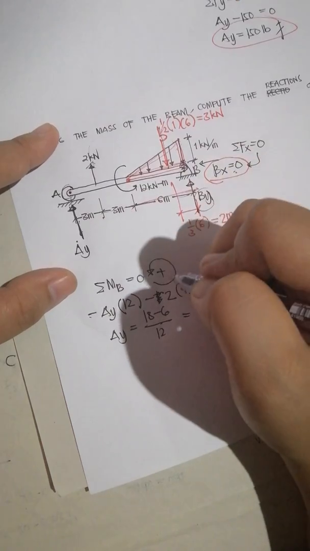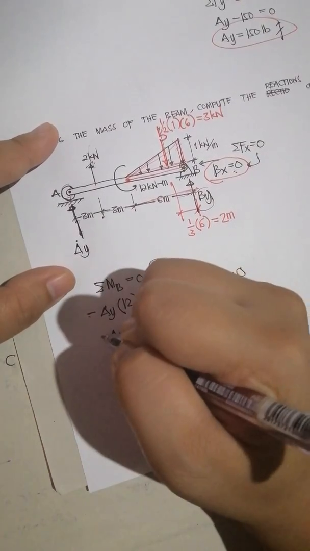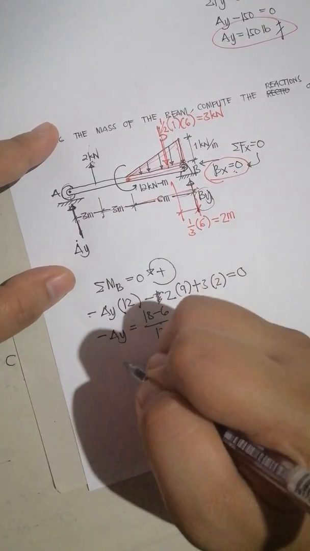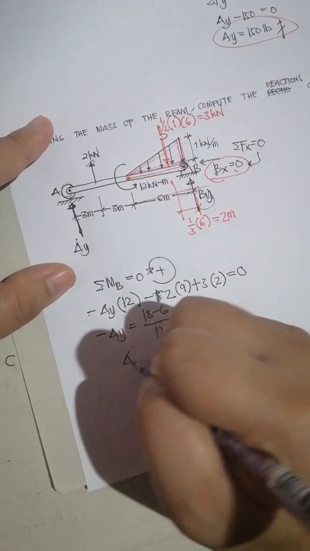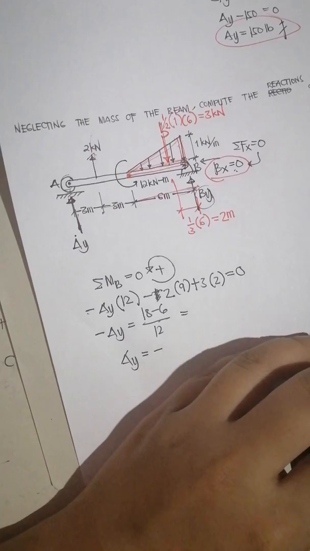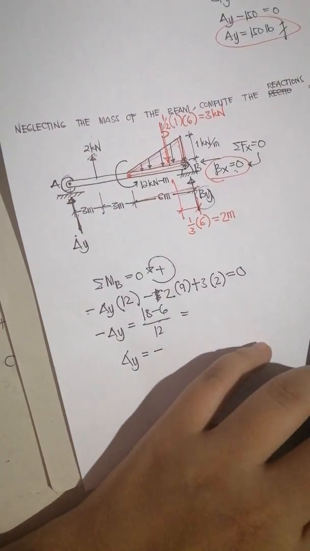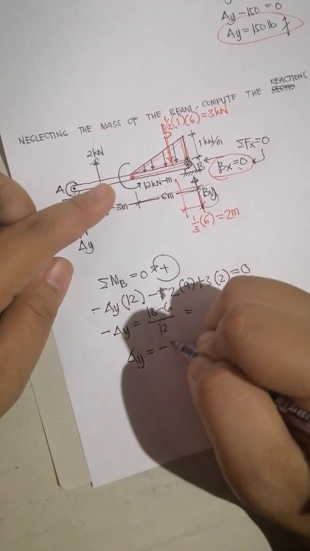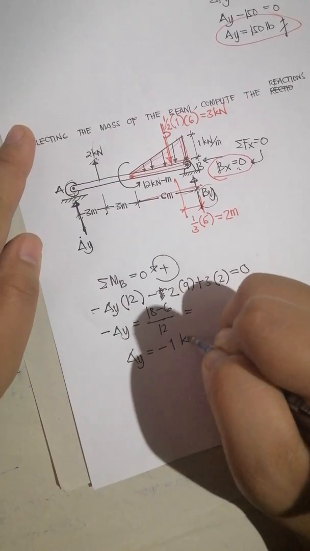So AY equals negative, 6 minus 18 over 12, negative 1 kilonewton.